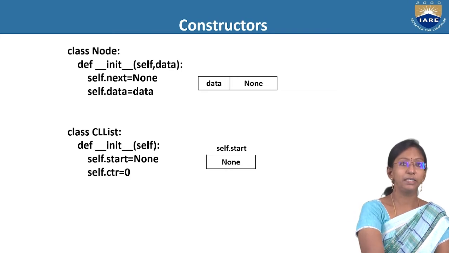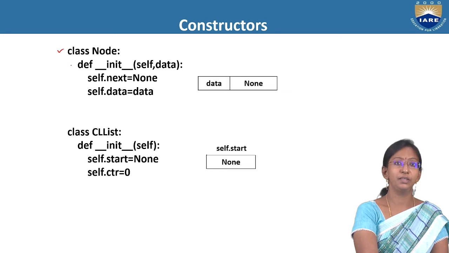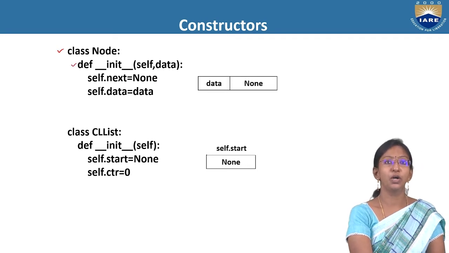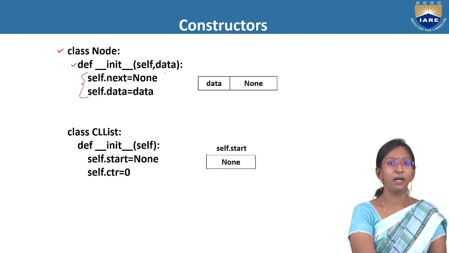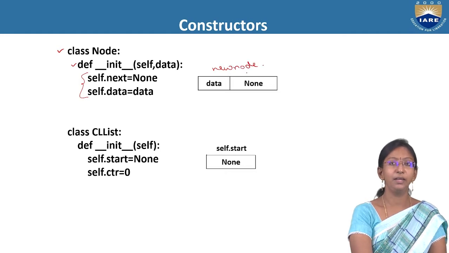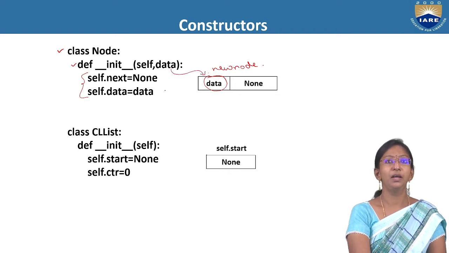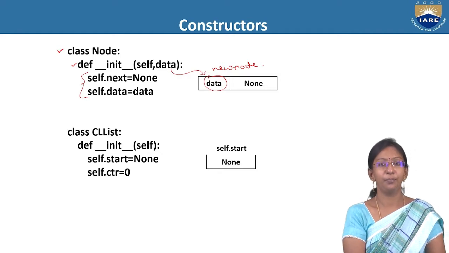So I'm going to create a class named Node, in which in its constructor I'm going to take two parameters. One is the next part and the other is the data part. So have a look at this one. So this is the new node, right? In which the data part is going to get the value from the parameter itself, whereas the next part is filled with None.